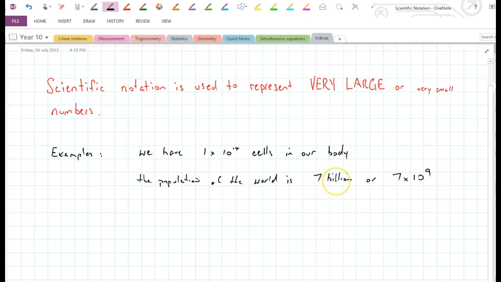So 7 billion in words, that works. This is using digits, without having to go to 9 zeros. So that's the idea there. That's doable, isn't it? It's sort of on the edge of doable, that one.